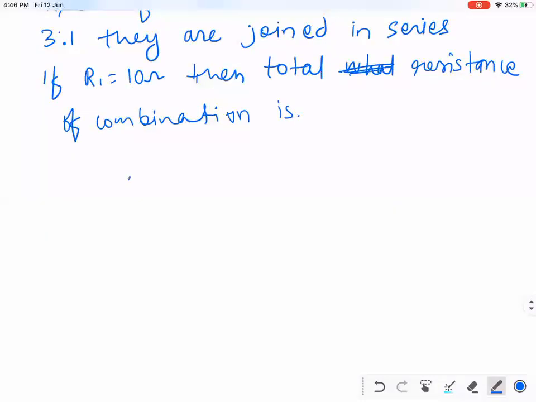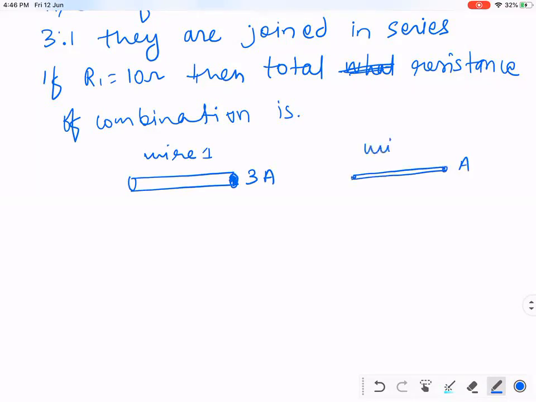Suppose this is wire 1. Wire 1 has area 3A. Wire 2 is very thin. Its area is A. They have same length.